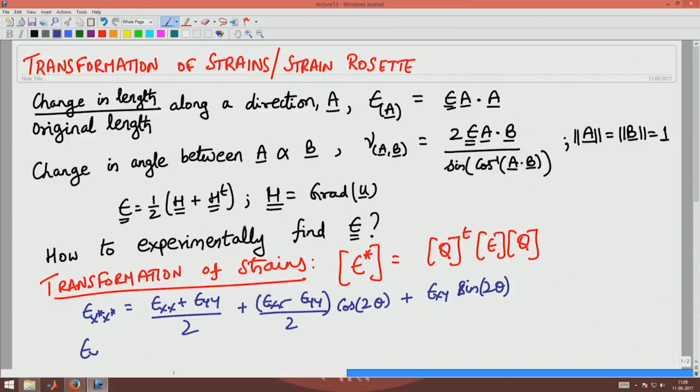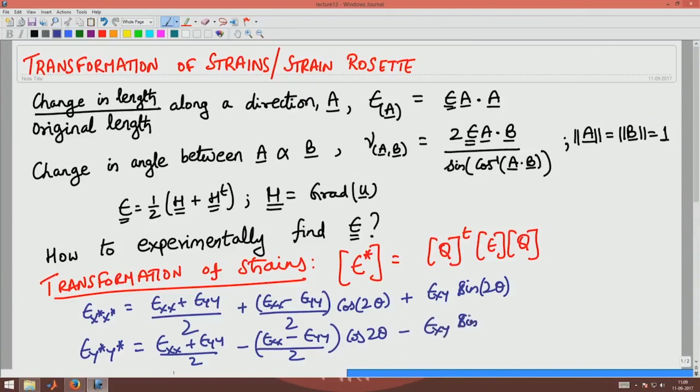And epsilon y star would be epsilon xx plus epsilon yy by 2 minus epsilon xx minus epsilon yy by 2 cos of 2 theta minus epsilon xy sin of 2 theta.